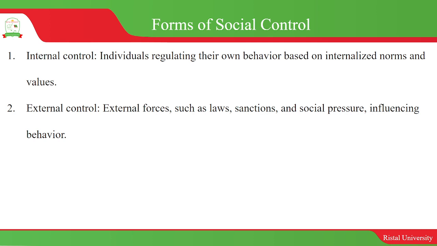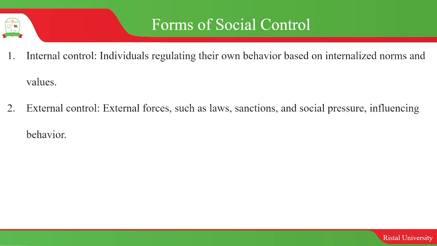And then we have what you call external control, the laws by the government. Those prevent us from stealing, for example, committing adultery, rape, murder, corruption. These are formal systems to check on defiant behaviors.